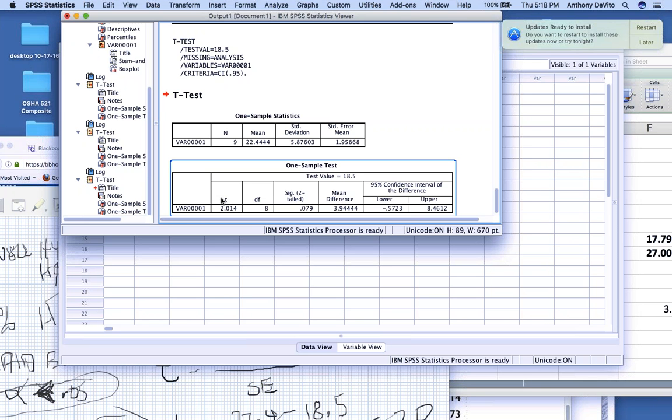Now imagine, what does this tool give us now? This tool gives us a whole new thing that we can do. Right now, we're only capable of using this in a situation where we take a sample and compare it to a known value. Doesn't happen that often.